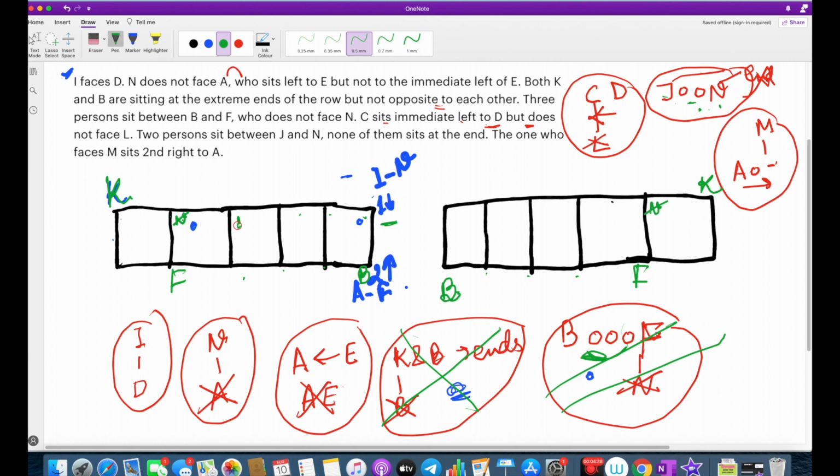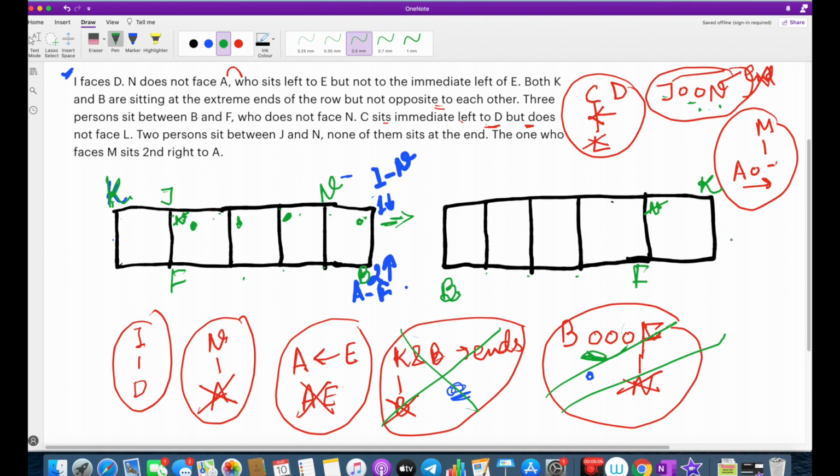Now if you try placing N here, then after leaving two places, here you have K, and towards the left of N you do not have any place for J. So there is only one place for N in this possibility, that is this one. And after leaving two places, you have to place J here.